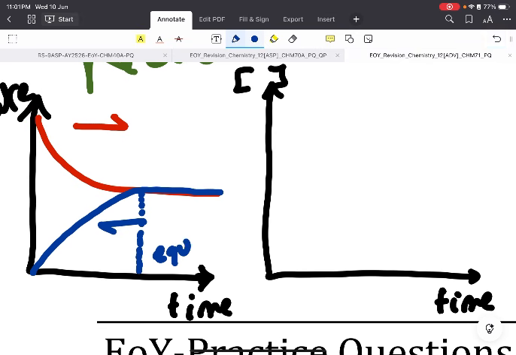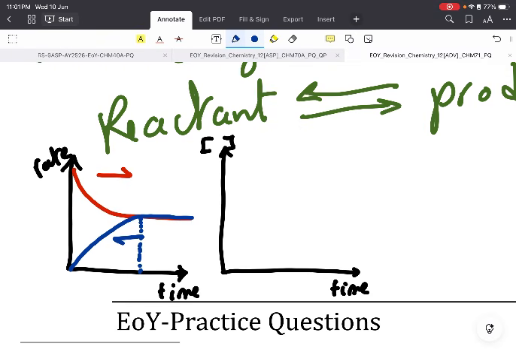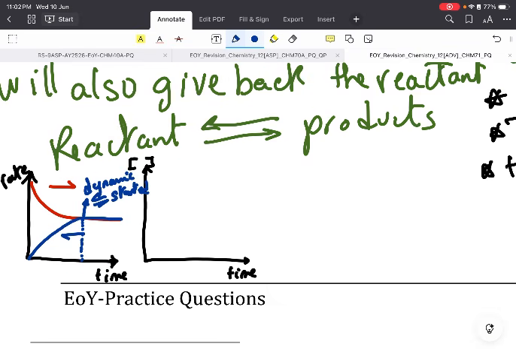So equilibrium reached. So here it's the point where the dynamic equilibrium started. I'm gonna write equilibrium like this, started. Now for the concentration graph, I'm just gonna move it a little bit.